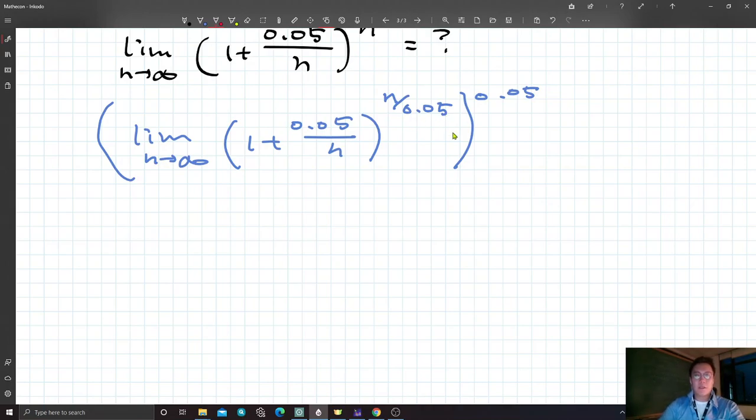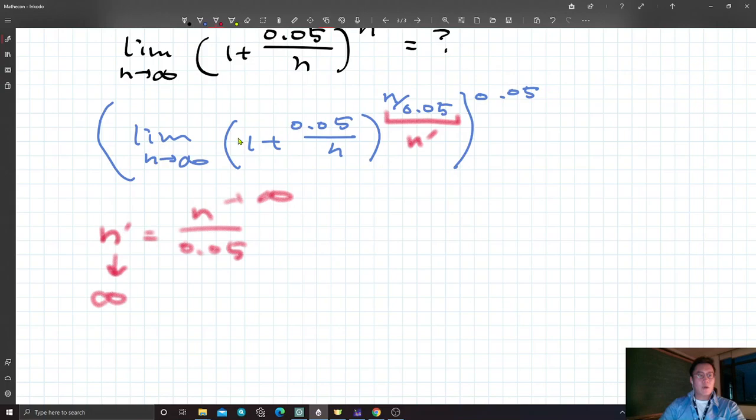So let me call this n prime, where n prime is n over 0.05. When n goes to infinity, it is self-evident that n prime also goes to infinity. So letting n go to infinity is equivalent to letting n prime go to infinity.